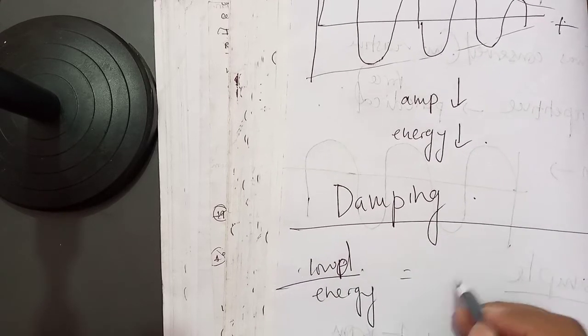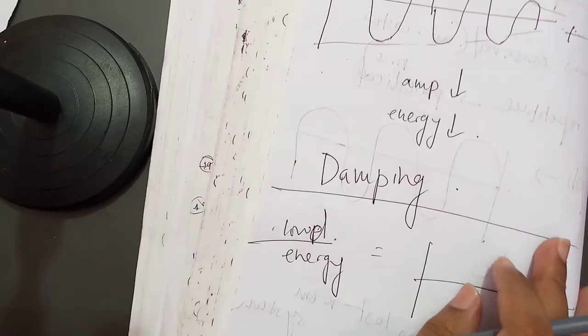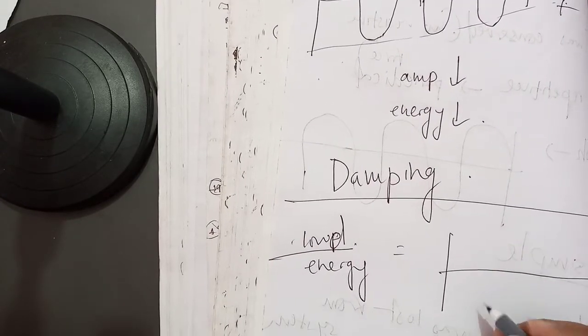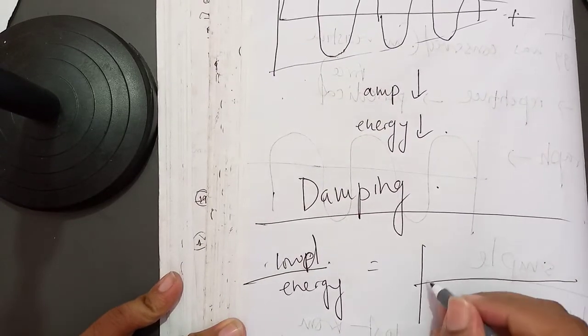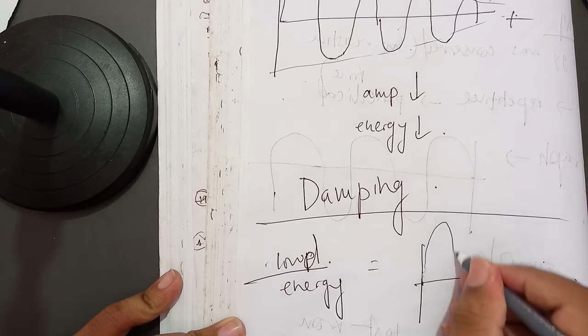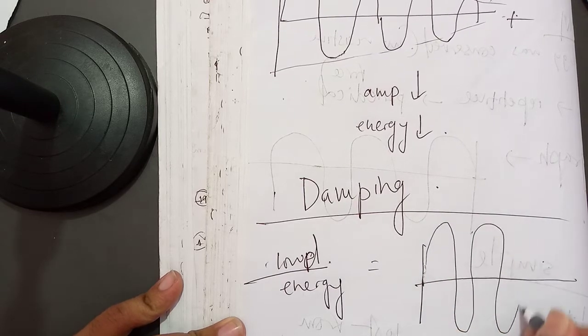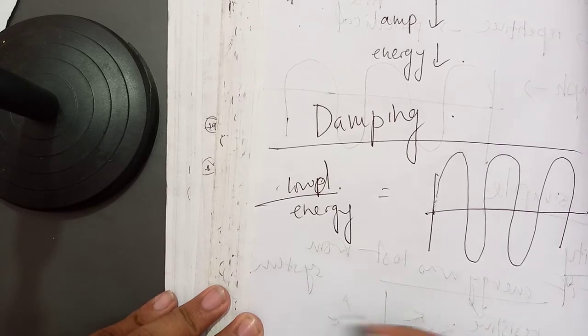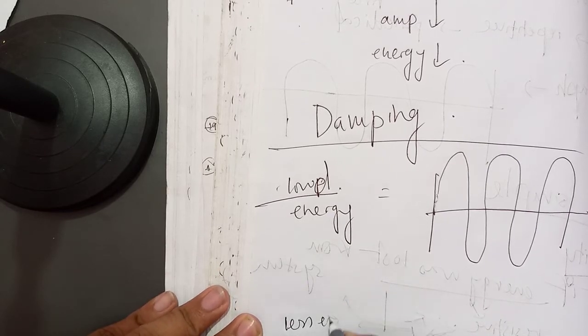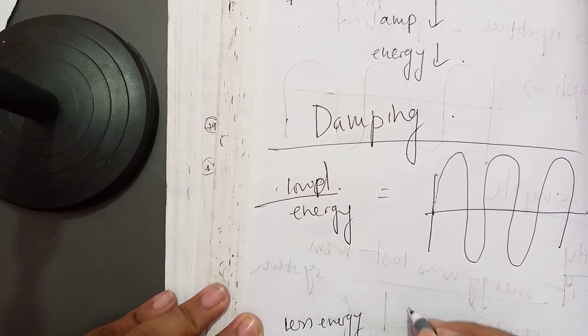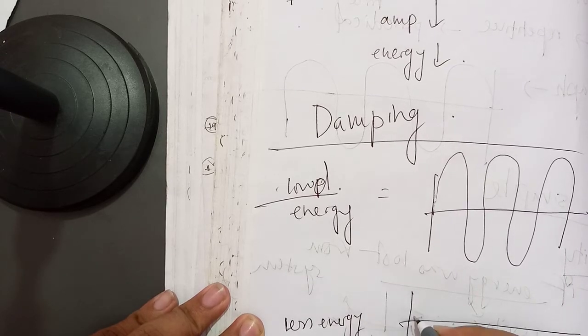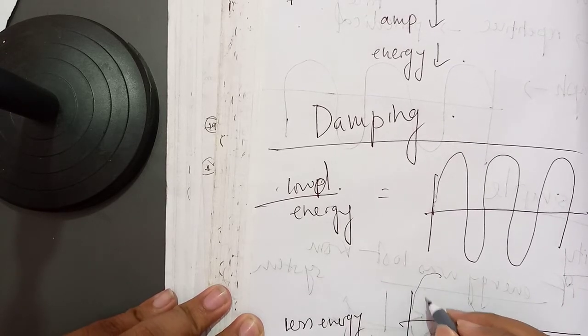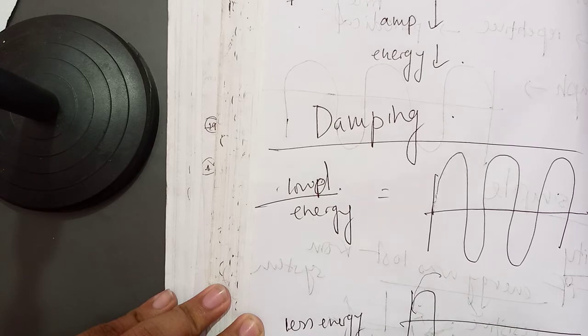So we know from all levels that for that graph, the amplitude is higher, and if you reduce the loudness, you use less energy, you speak softly, and you get the same graph, but the amplitude is low.